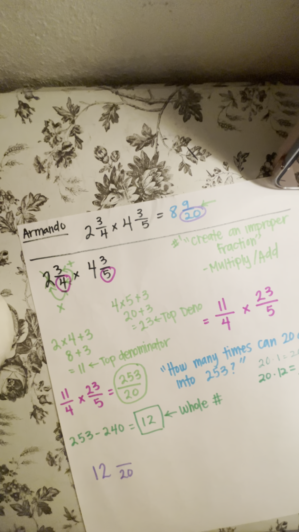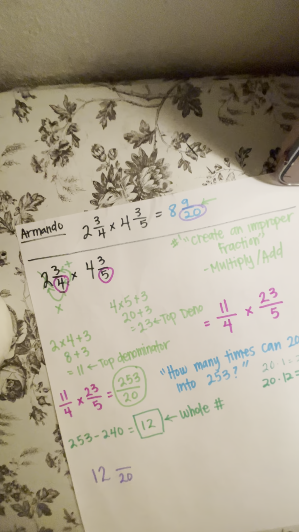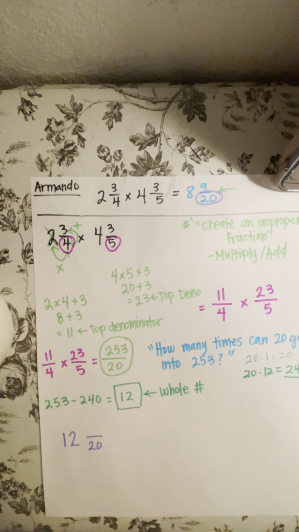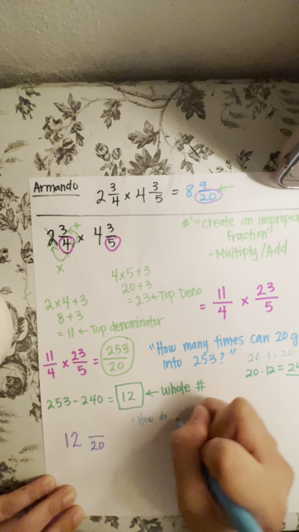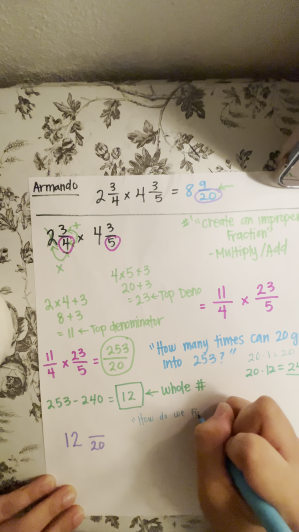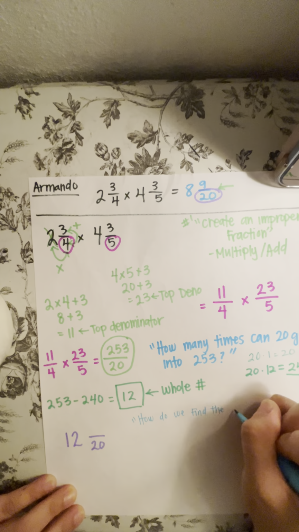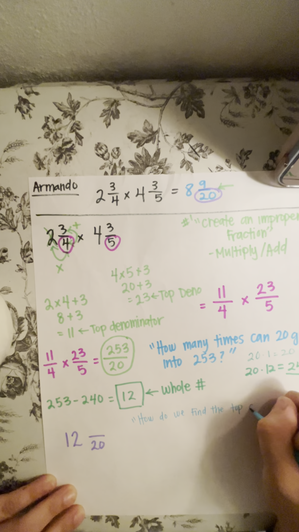So how do we find the top denominator? Now let me write another question down for you. Let me pick a different color so you can see it in better writing. So how do we find the top denominator?